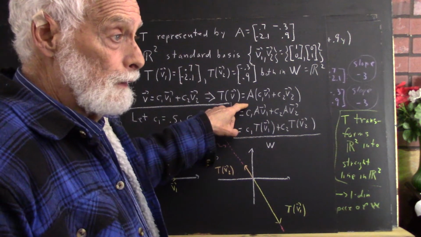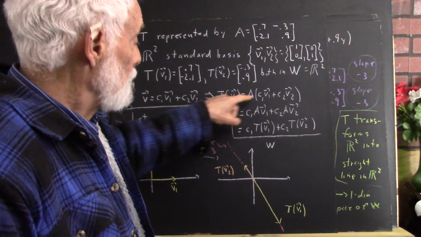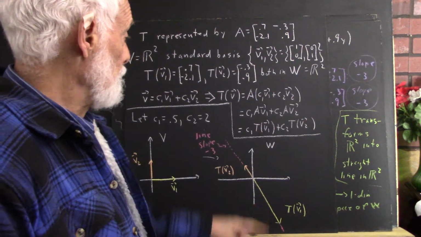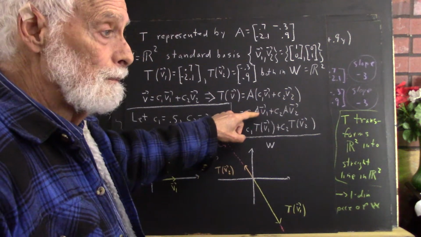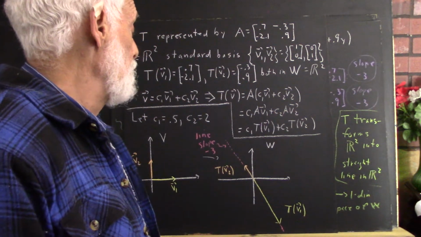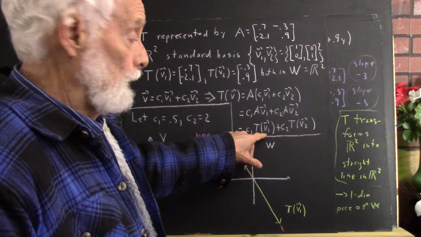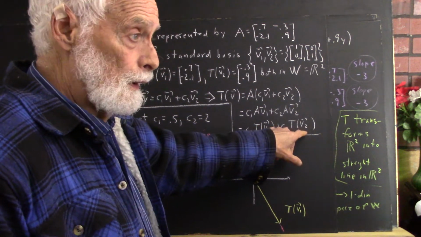By the linearity of matrix multiplication, this matrix product is C1 times AV1 plus C2 times AV2. And that's, of course, then C1 times what you get when you transform V1 plus C2 times what you get when you transform V2.